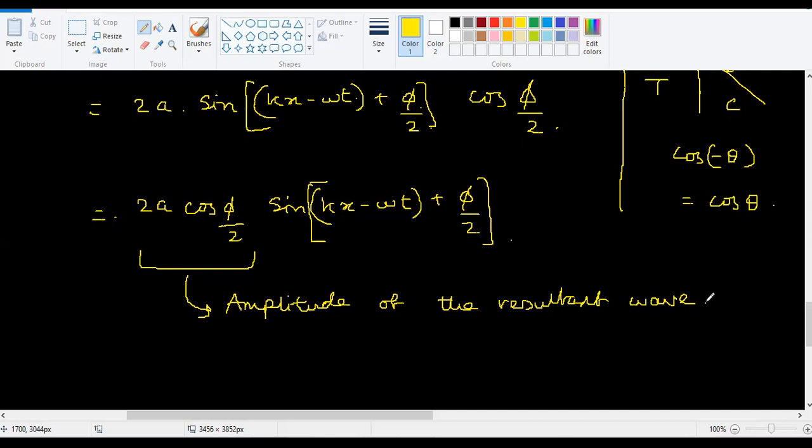No answers. Padmaja? So this is it, pi by 2? Yeah. So whatever is this additional term, that will be your phase difference. Phase difference of resultant wave. So take it down.